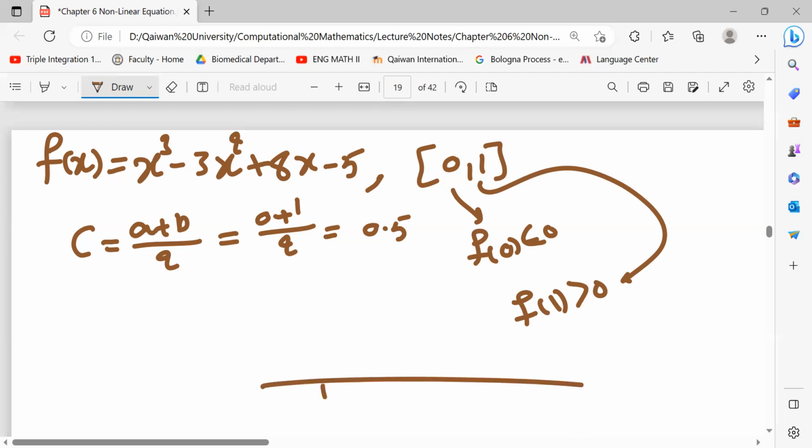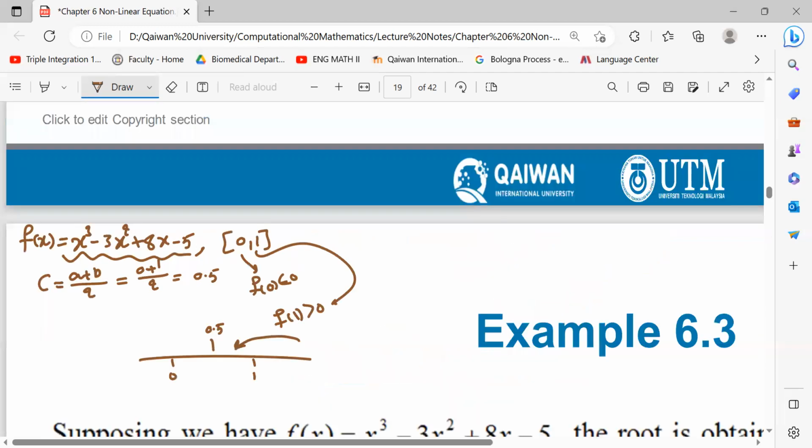Look, we have 0, 1, 0.5. We must either choose this or this. How to choose? We need to find f of 0.5. You can use calculators during exams. Just plug 0.5 into this function and let's see what you get.